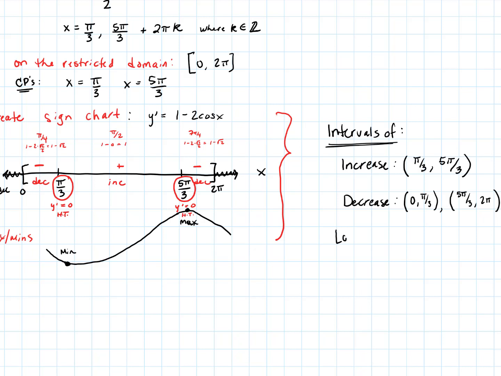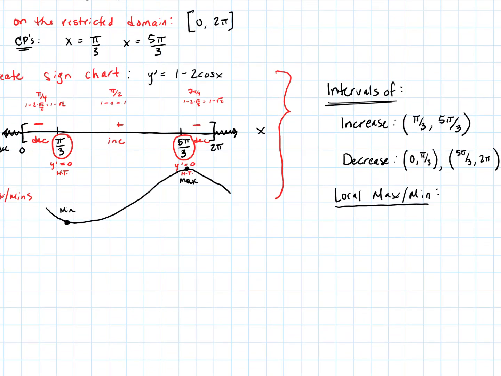And then we can talk about the local max and min values. At x equals pi over 3, we have a minimum, and at x equals 5 pi over 3, we have a maximum.